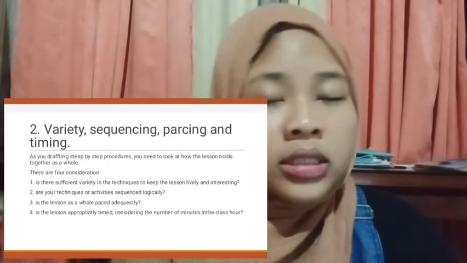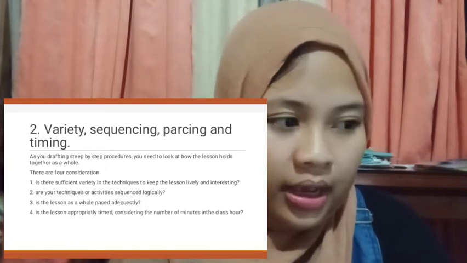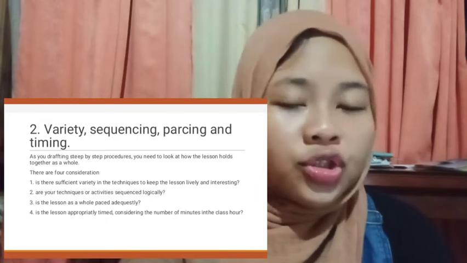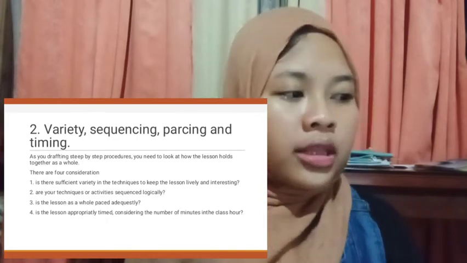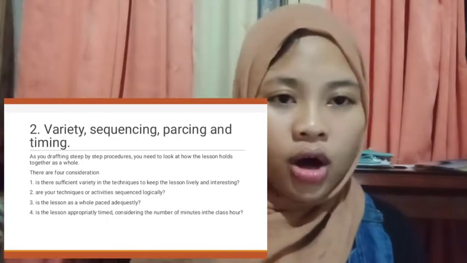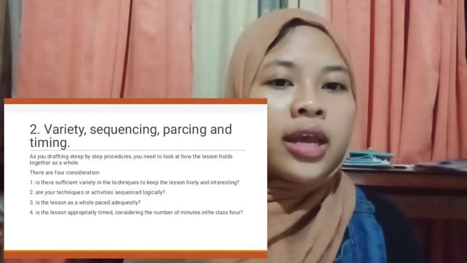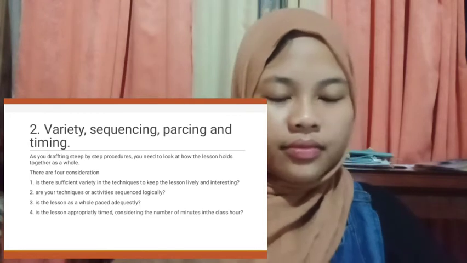And in quick lines for lesson plan 2, there are variety, sequencing, pacing, and theming. As you're driving step-by-step procedure, you need to look at how the lesson holds together as a whole. There are 4 considerations included in these quick lines. 1.